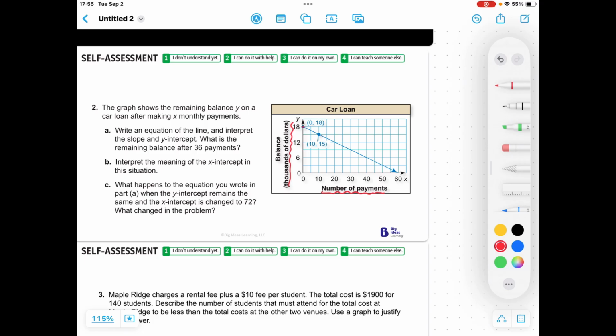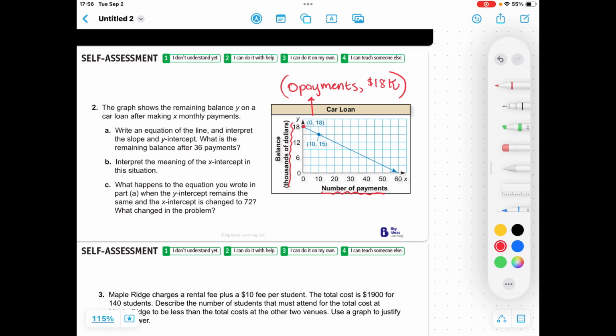So even though this point here is (0, 18), that just means that you have 0 payments and you owe $18,000. And just $18K because I didn't want to write the 3 zeros.